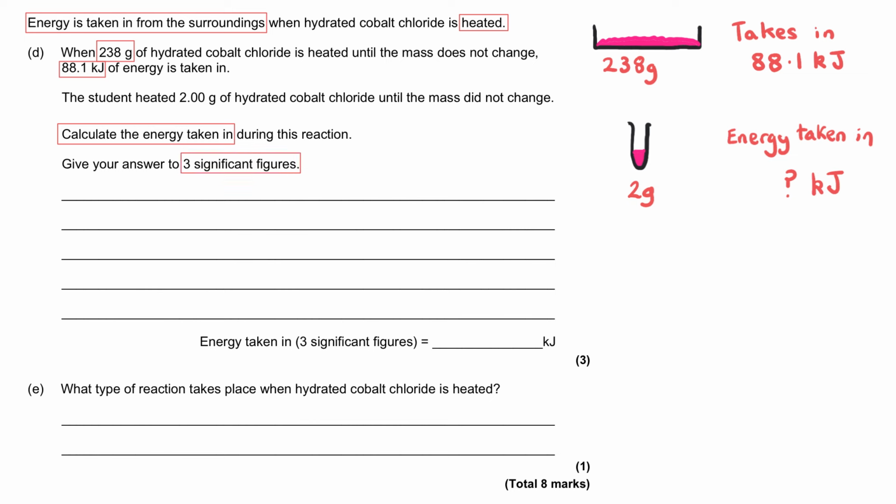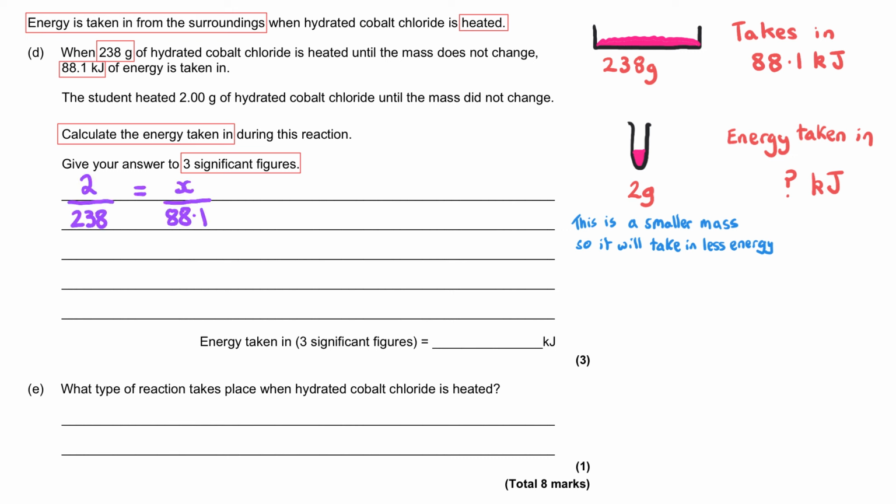The first part of this question requires us to work with proportionality. If 238 grams of hydrated cobalt chloride takes in 88.1, 2 grams will take in much less. And so there's a few different ways that you could approach this. First of all, you could simply leave this as a fraction. 2 is obviously a lot smaller than 238. How many times smaller?